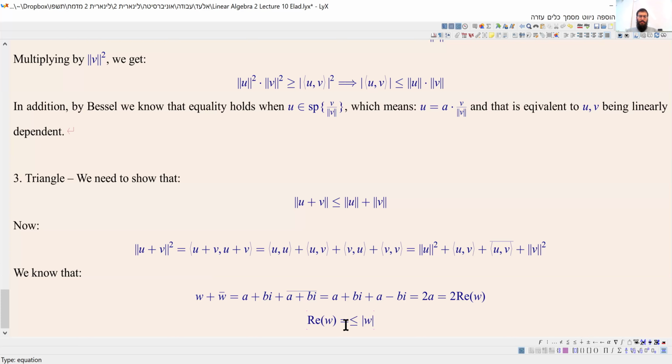The real part of W can be positive or negative. The absolute value of W is the square root of the real part squared and the imaginary part squared.